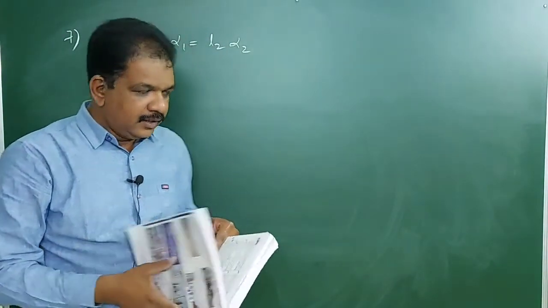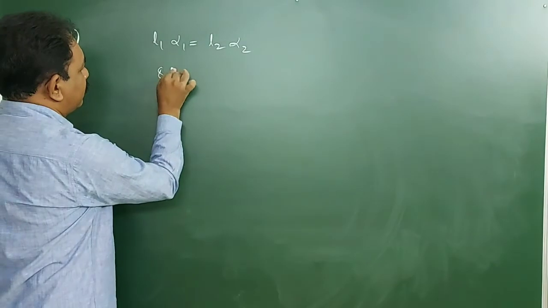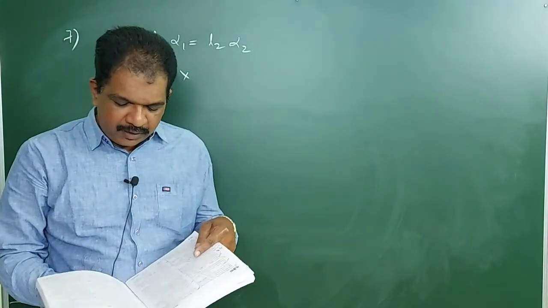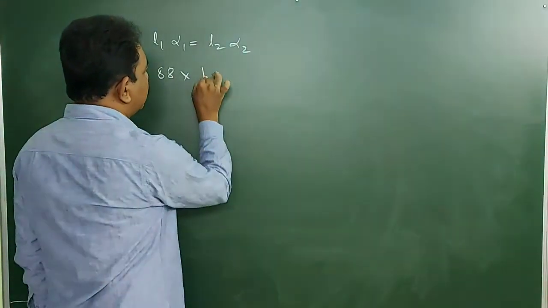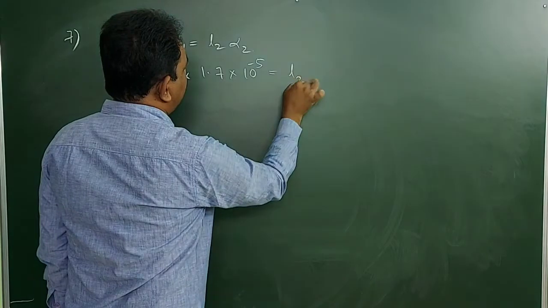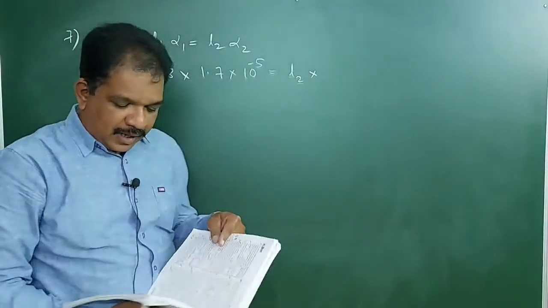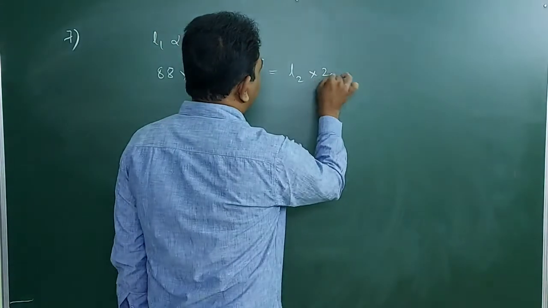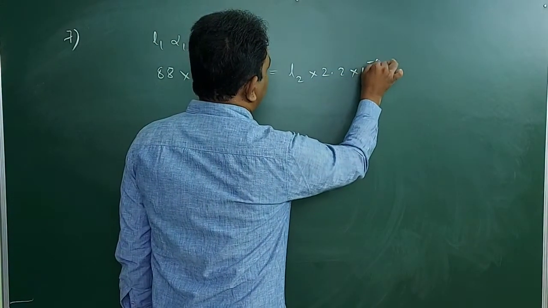Copper length is 88. Copper alpha value will be 1.7 into 10 power minus 5. L2 into alpha 2, 2.2 into 10 power minus 5.